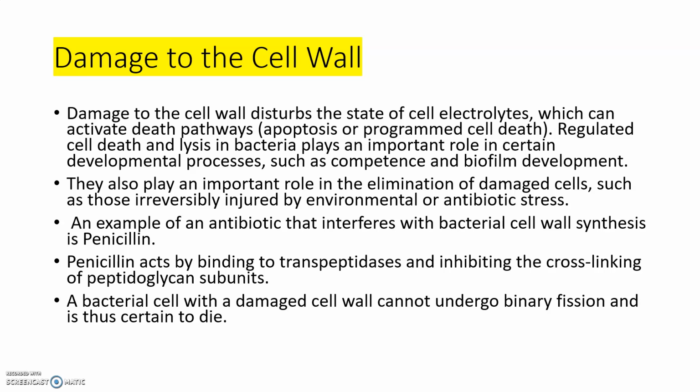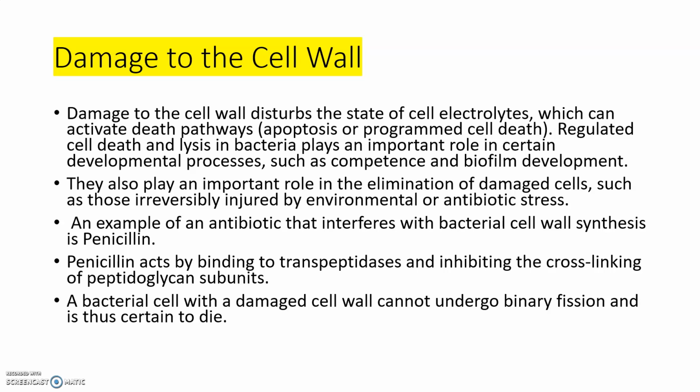Whenever there is damage to the cell wall, it disturbs what? The state of cell electrolytes. Electrolyte balance is disturbed, which can activate death pathways, or apoptosis, or programmed cell death in a bacterial cell. The regulated cell death and lysis in bacteria plays an important role in certain developmental processes such as competence and biofilm development.